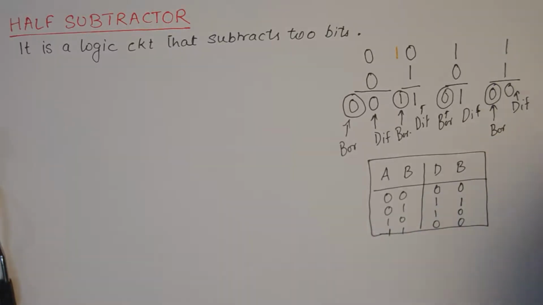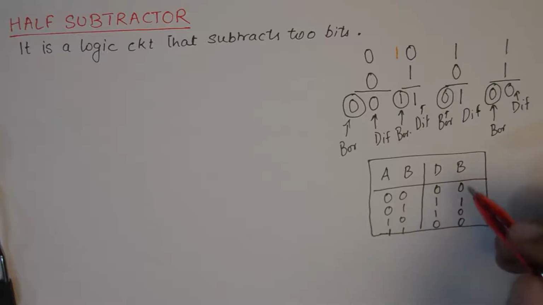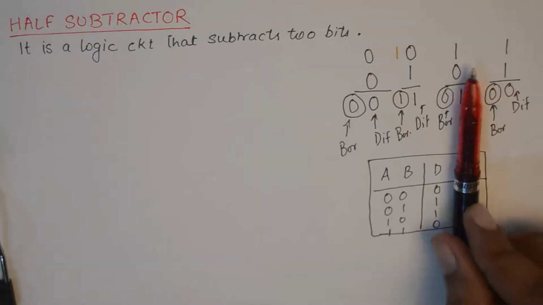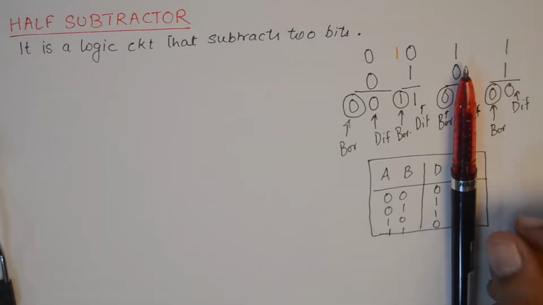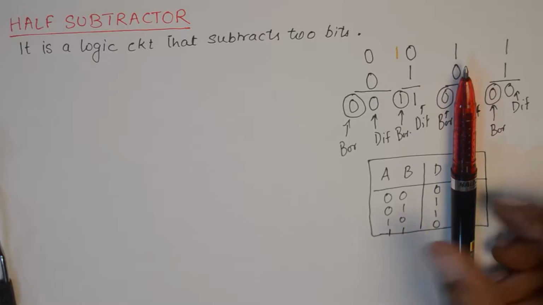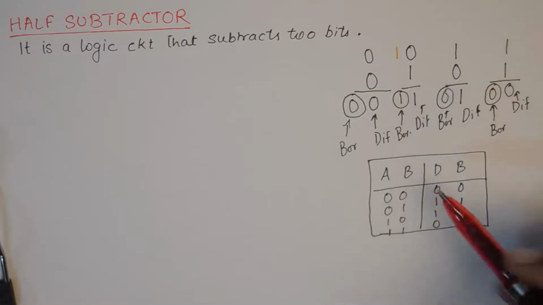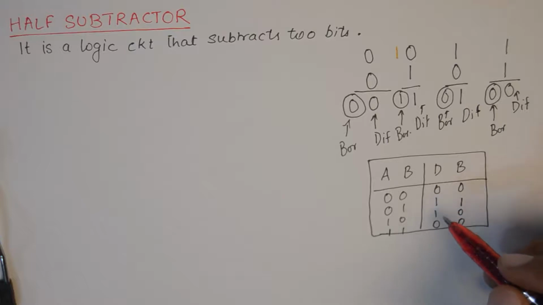Now if you look at the truth table closely, and we'll focus on the truth table for difference, it surely does look like a truth table of a popular gate, which is XOR gate.